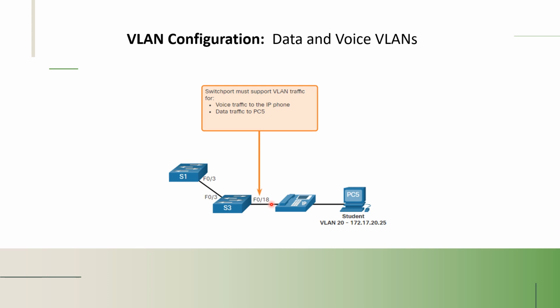So to implement this configuration, we need to create a data VLAN for the traffic that comes from the student's PC, and a voice VLAN for the traffic that comes from the IP phone. By using the switchport voice vlan command followed by the VLAN ID in interface configuration mode, we are able to assign a voice VLAN to a port.